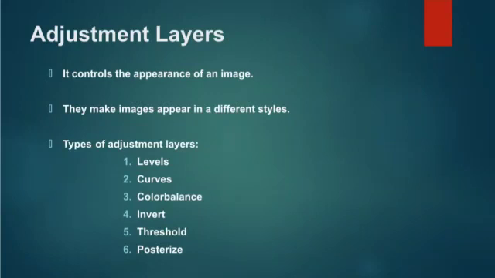Then we can go for color balance. Using the color balance option, we can accurately adjust the color levels of red, green, blue, cyan, magenta, and yellow. Then invert. This option reverses the color of each pixel in the image. If the color value is 0, it is inverted to 255 and vice versa. Then threshold.